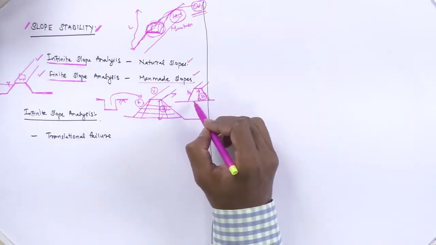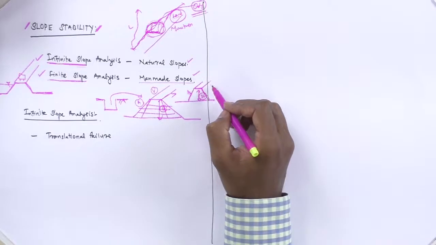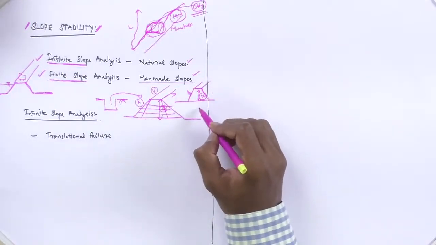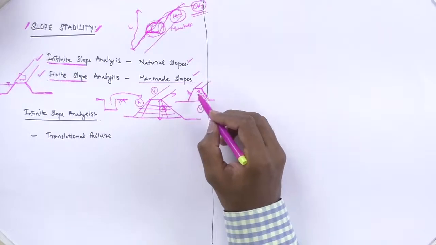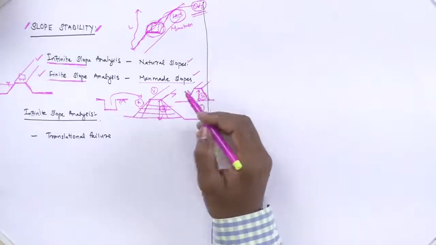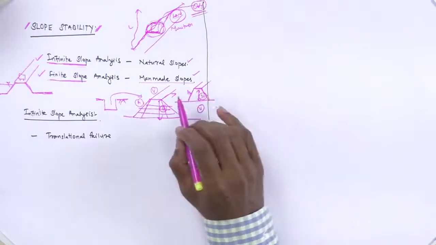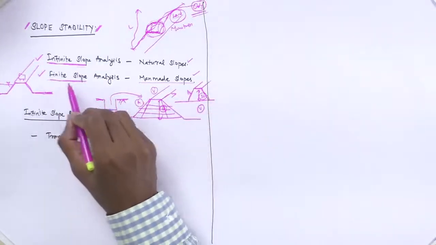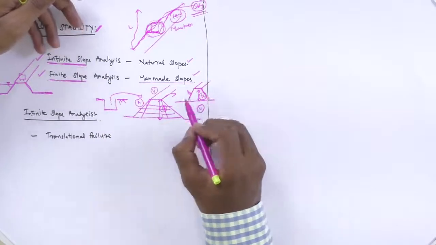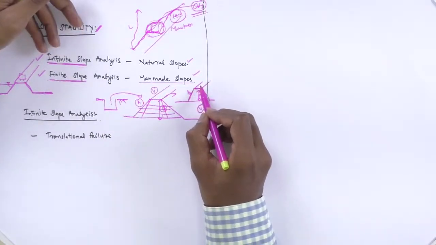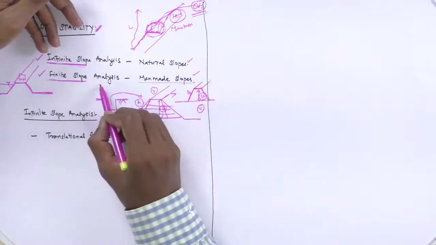Since the area reduces, over several meters of length the volume of soil to be excavated and transported is going to be less. So the steeper the slope, the more economical it is. That is what we are going to discuss in finite slope analysis: what is the steepest possible slope that can stand and serve our purpose.